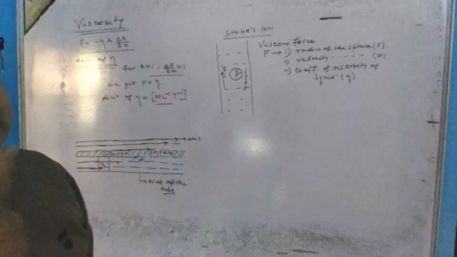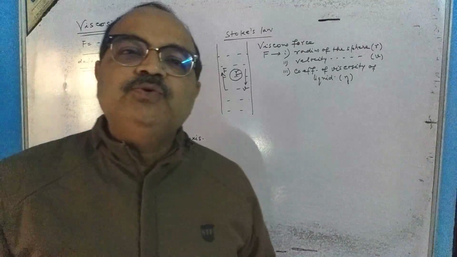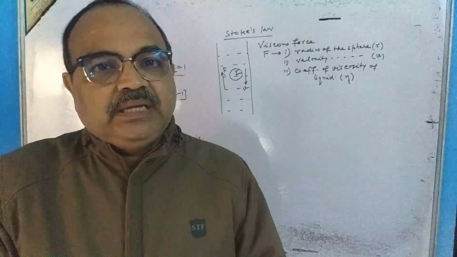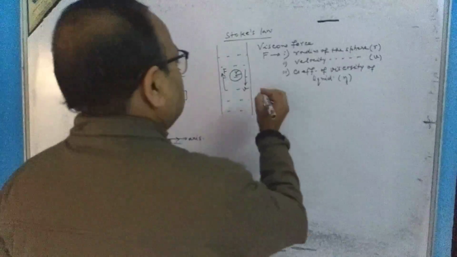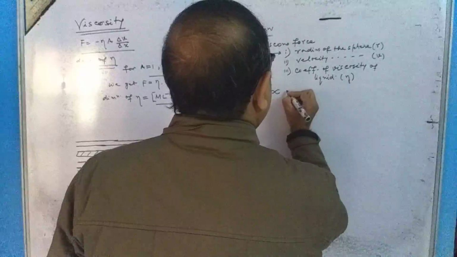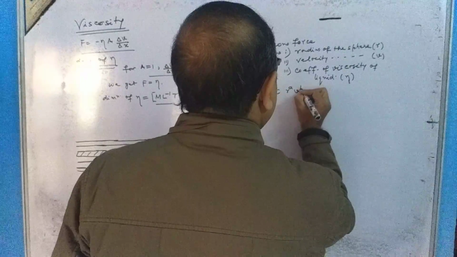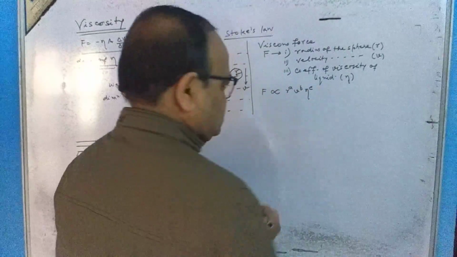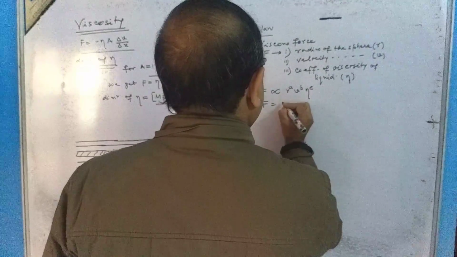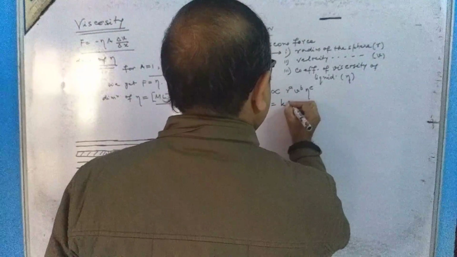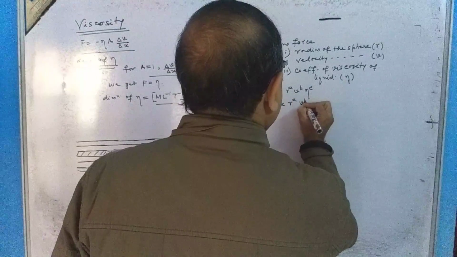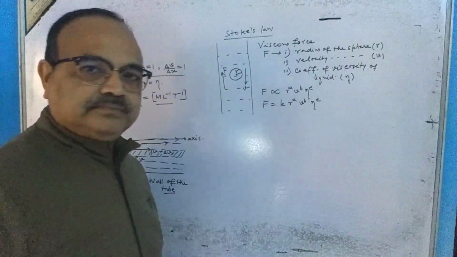Again, I remind you how we use this method. We consider F directly proportional to R to the power a, V to the power b, eta to the power c. Or F is equal to K, a constant of proportionality, R to the power a, V to the power b, eta to the power c.